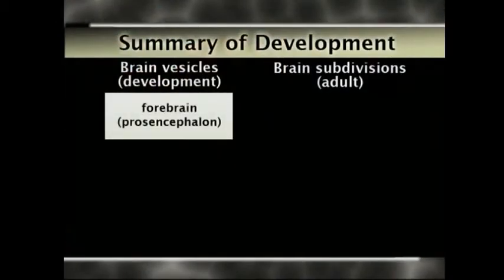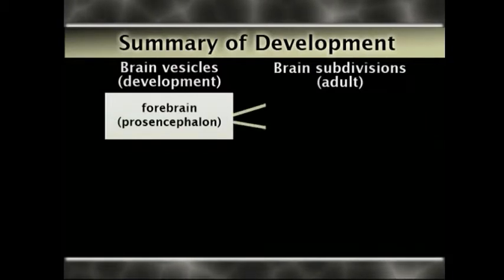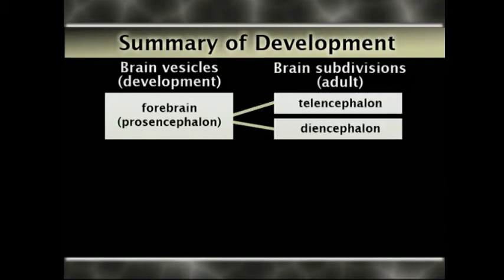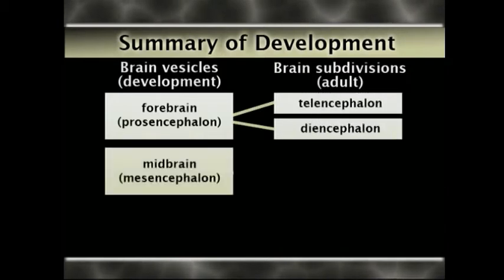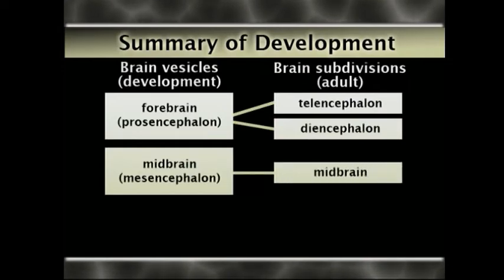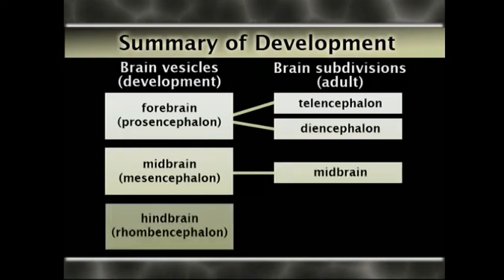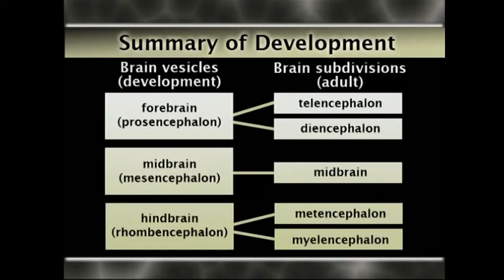So here we show that the prosencephalon, which is one of these cephalic parts of the neural tube, is going to develop into the forebrain, which differentiates into the telencephalon and the diencephalon. The midbrain is going to become the midbrain, or mesencephalon, in the adult, not a lot of change there. And the rhombencephalon is going to develop into the hindbrain and differentiate into the metencephalon and the myelencephalon.